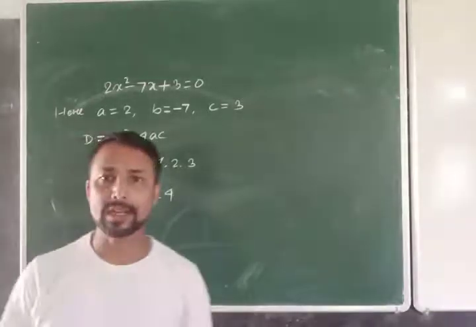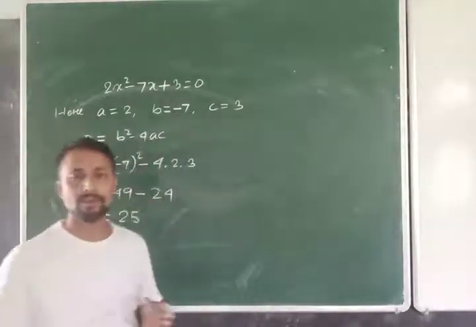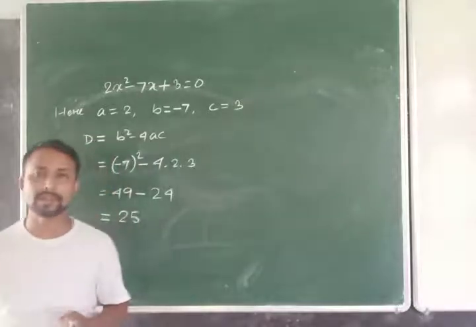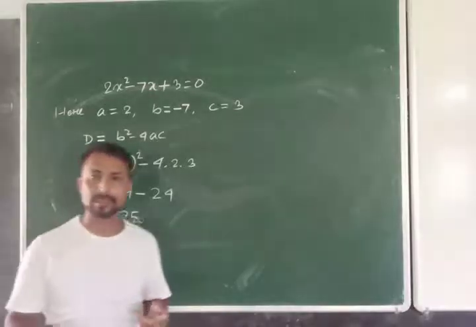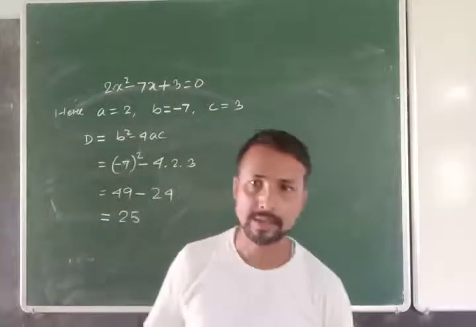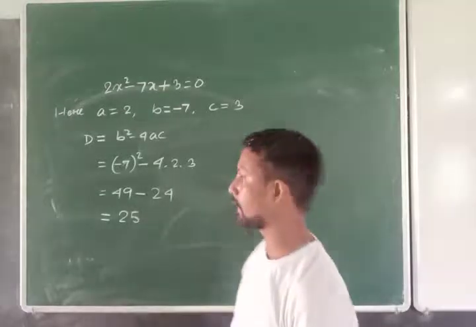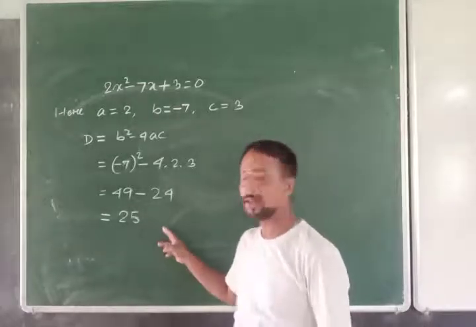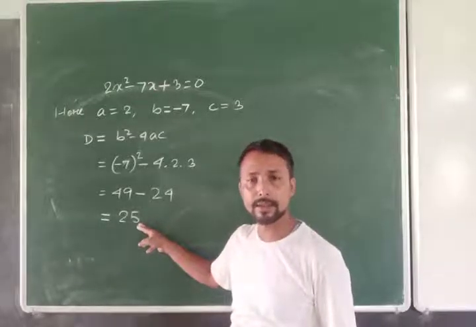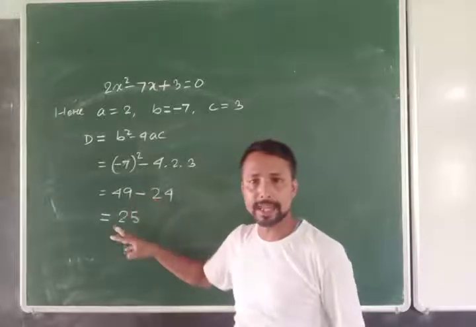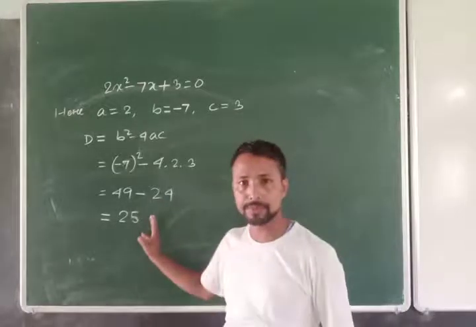25 is a perfect square. Of course, there are many other points also: if it is a perfect square, what type of roots we get, and if it is not a perfect square, what type of roots we get. All this part is not included here, so we'll talk later if we get the time. Here, this is greater than 0. We must learn whether it is less than 0, greater than 0, or equal to 0. These are the 3 points.